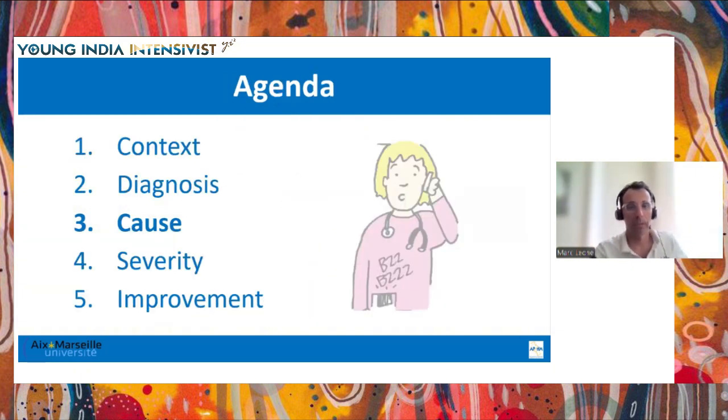So we are continuing with our agenda, and what is really critical is to identify the cause of sepsis. I push my residents very strongly to find the cause of sepsis, and not to say, oh, the patient has sepsis, but we don't really know the cause.